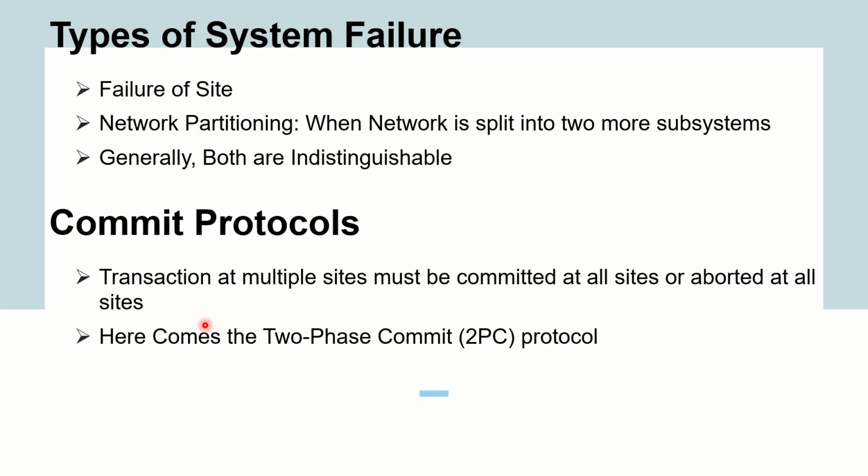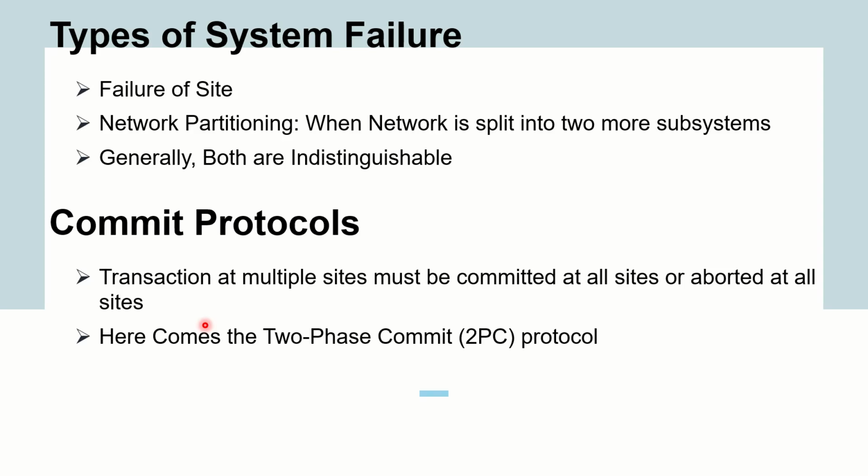So for these two types of system failure, we are unable to distinguish between a failure of a site and a network partition. Many more failures are also there, but those failures are handled by the IP protocols and our internet system. In the Zomato example which I have taken, at the end we need to confirm whether the order is either placed or not placed.